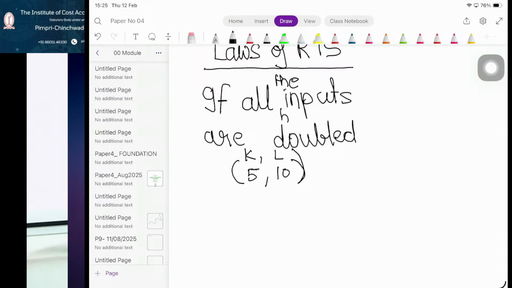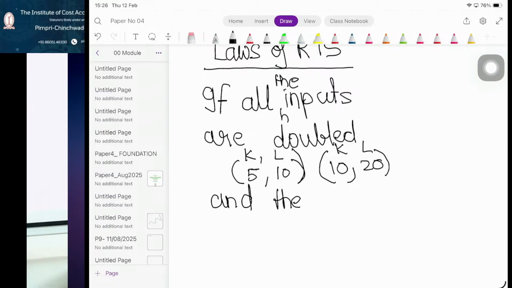Then what will happen if you double the inputs? What should be the vector? 10 units of capital and 20 units of labor.